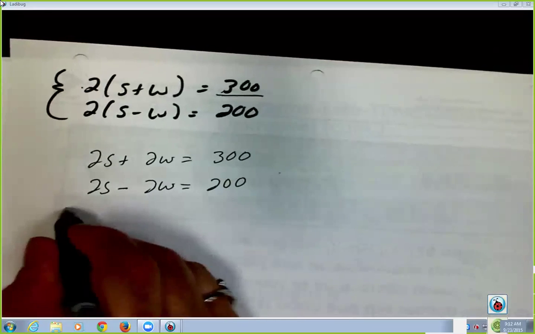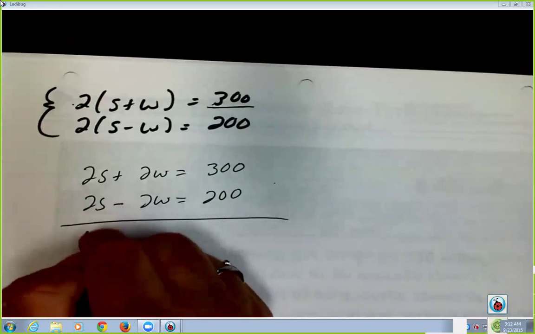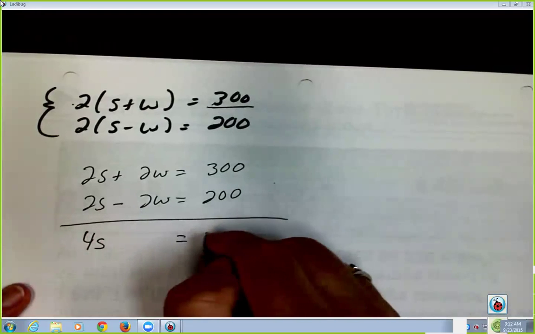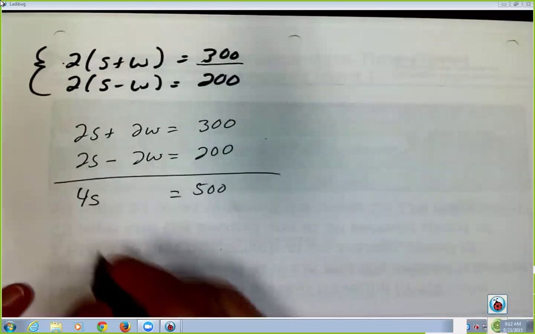Graphing, probably not. We're not even probably going to look at graphing with any of these. We're going to look at either substitution or addition. So which would you like? Addition. Beautifully set up for addition, right? Because these w's are just going to whip right out of there and they're going to be gone. So I get 4s is equal to 500.